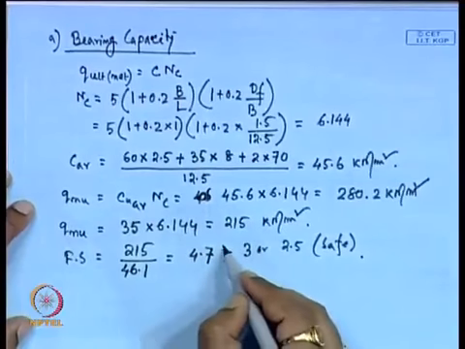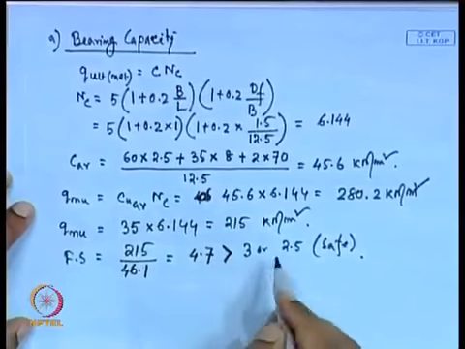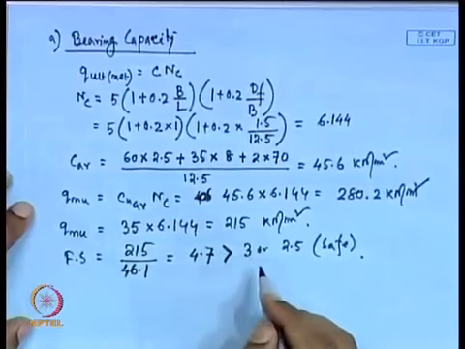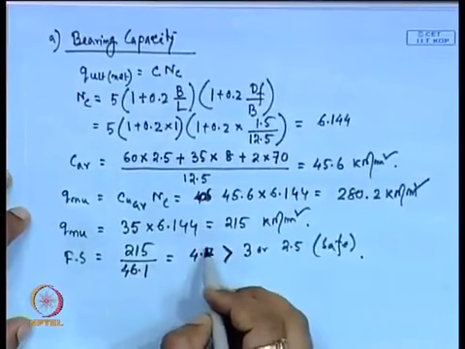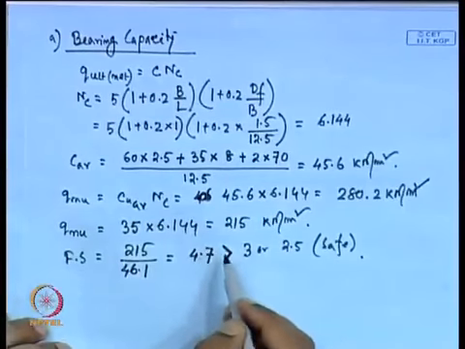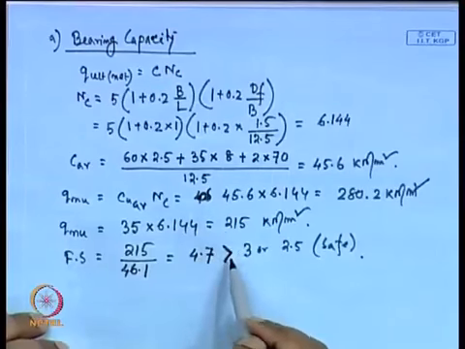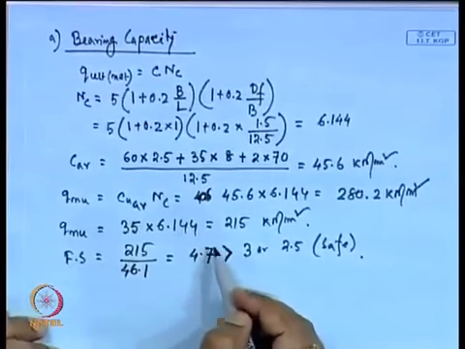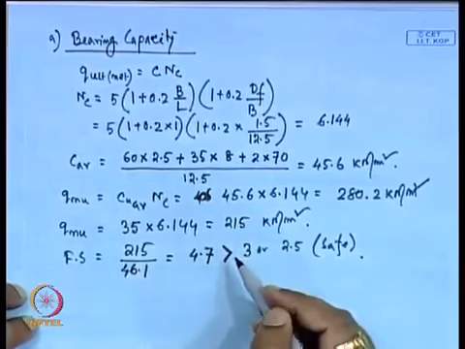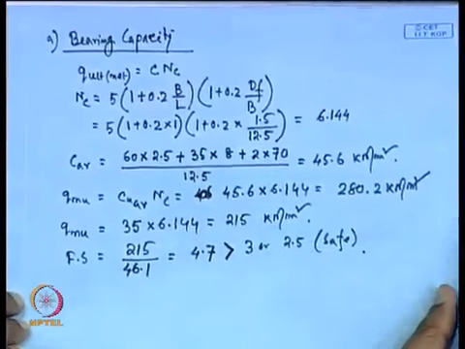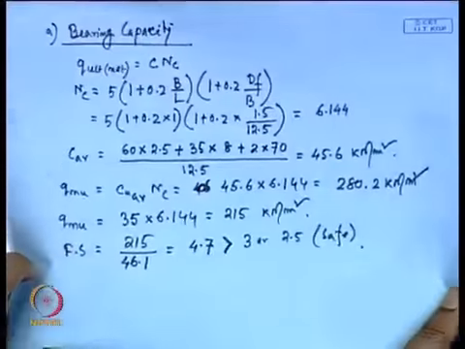Now, we will check first the settlement calculation. Now, if that settlement is also over safe, then we have to redesign the dimension, so that we can design this properly and do not design this foundation as an over safe design. Next, we will calculate the settlement.